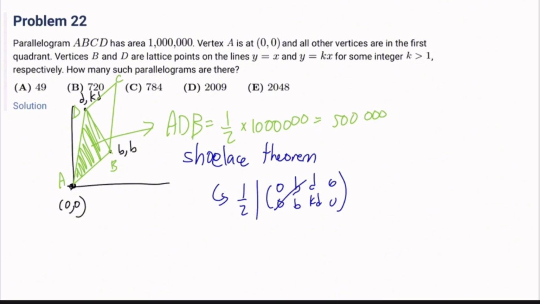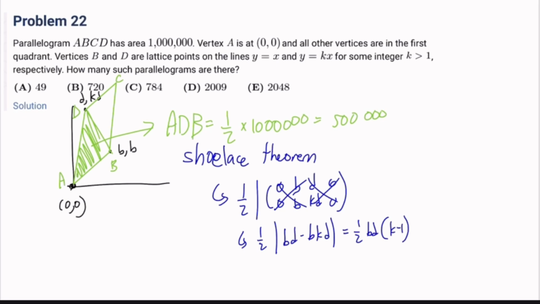So these are going to cancel, and these are going to cancel. This leaves us with 1/2 times the absolute value of bd minus bkd. Since k is greater than 1, this whole thing is negative, so this is equal to 1/2 times bd times k minus 1.